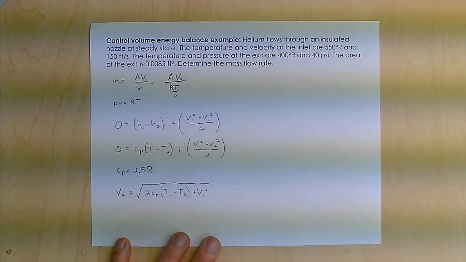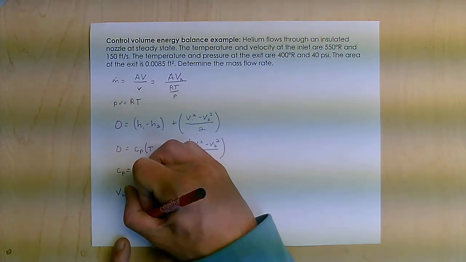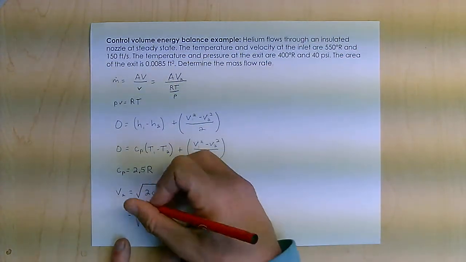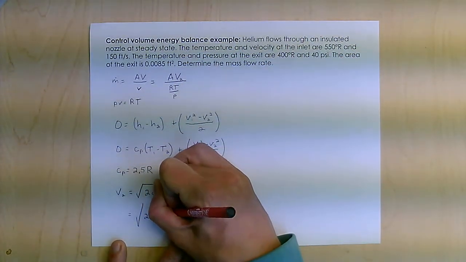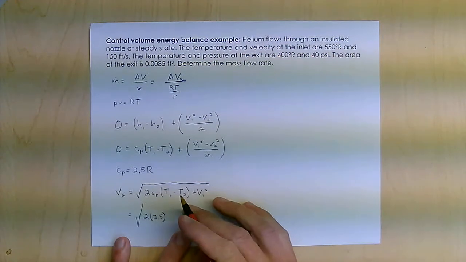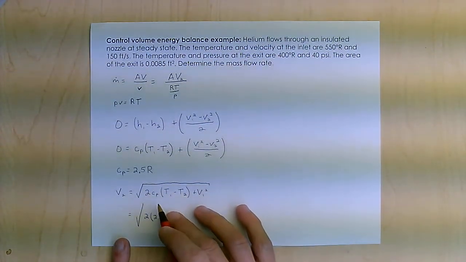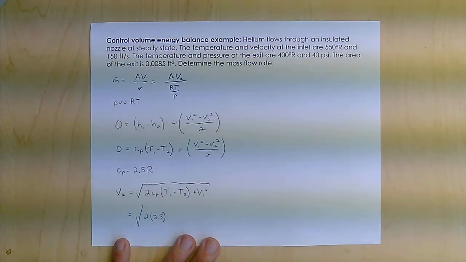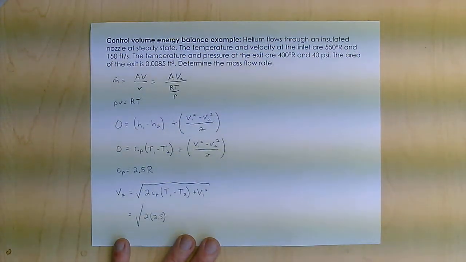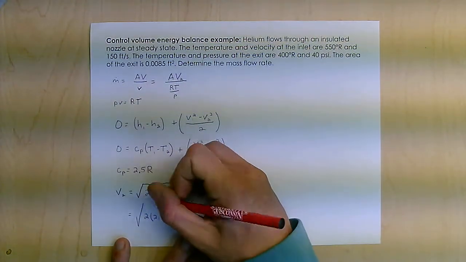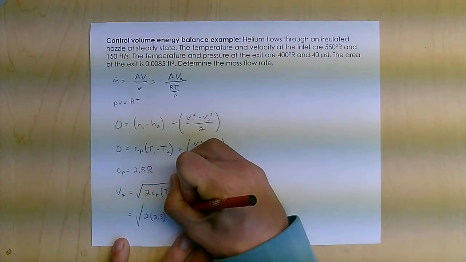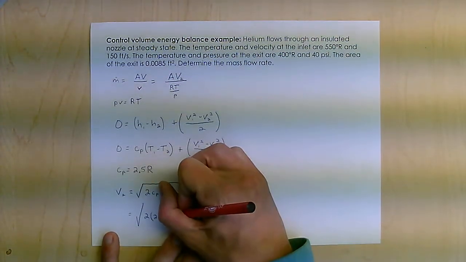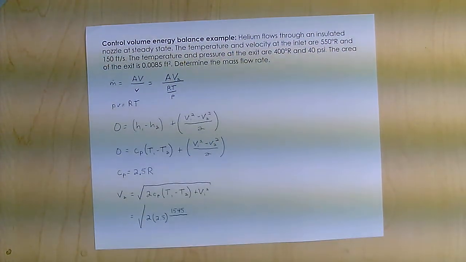Okay, so going through this, 2 times Cp, which is 2.5 times R, where R, in this case, I'm going to use 1545, because that is the foot-pounds per pound mole, but then I need to divide that by the molecular weight for helium.